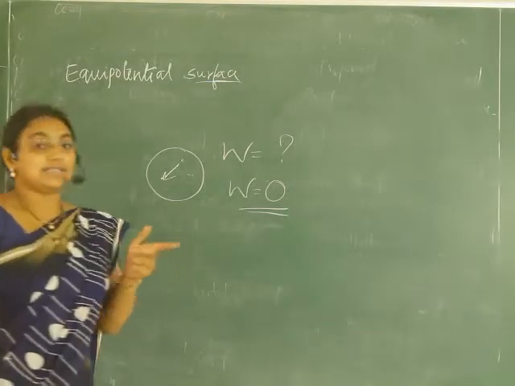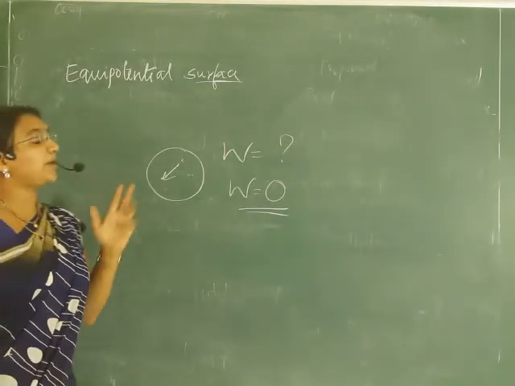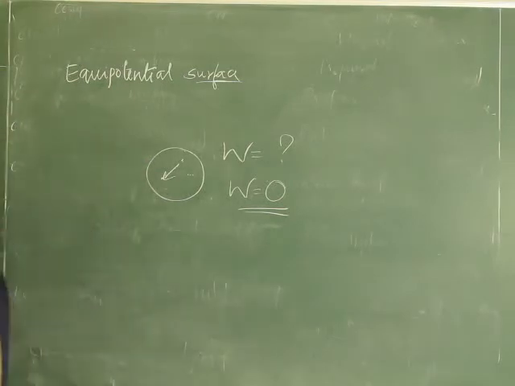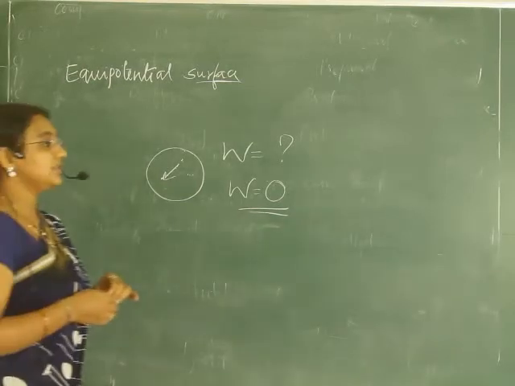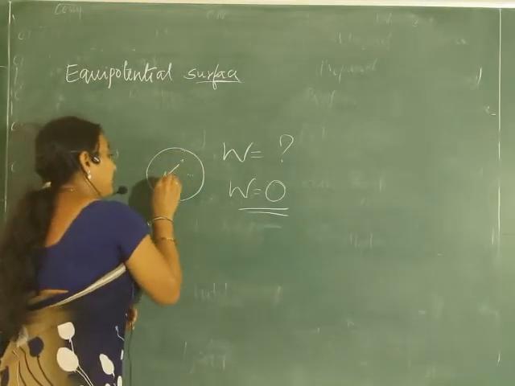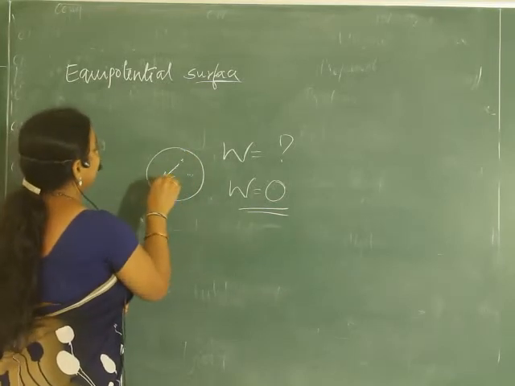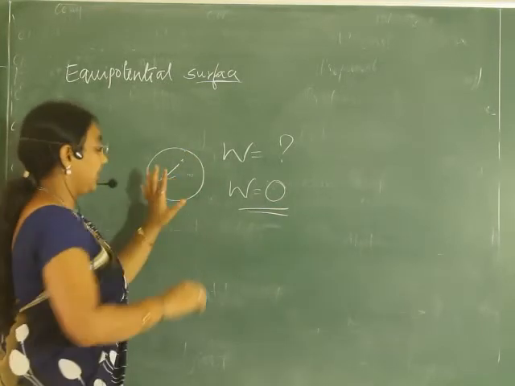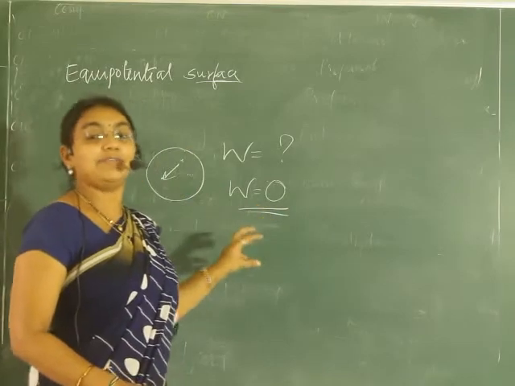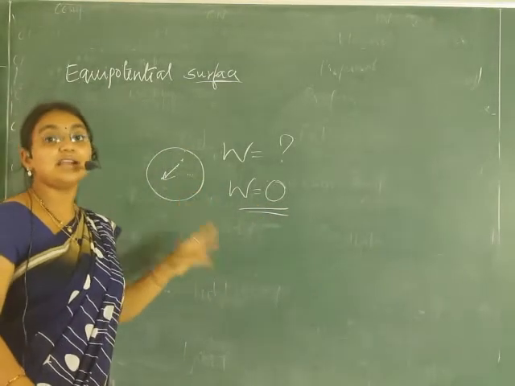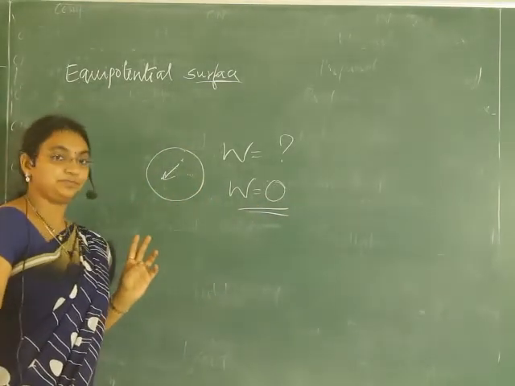Then next, we have to learn some of the properties of this equipotential surface. Sorry, not charges, equipotential surface. So I can say all the points on the equipotential surface are having same potentials.